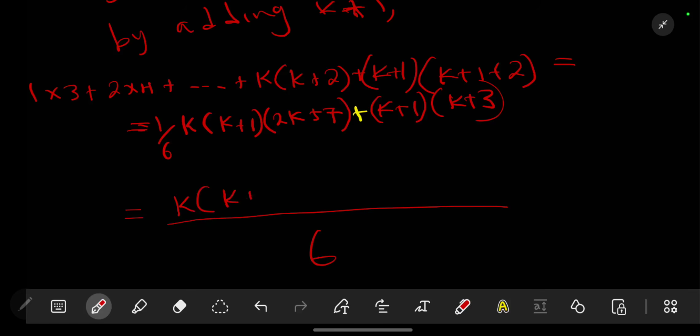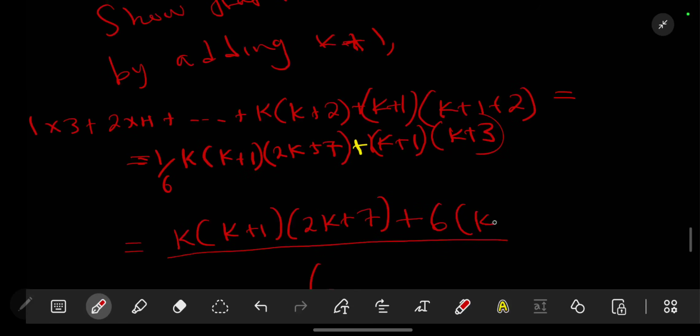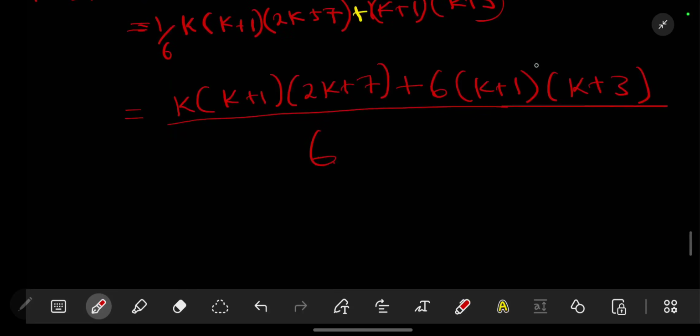So we have k plus 1, then 2k plus 7, plus 6 times this one, which will be 6, then we have k plus 1, then k plus 3, like that.